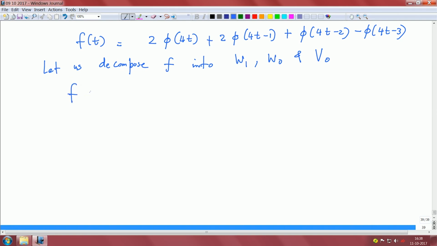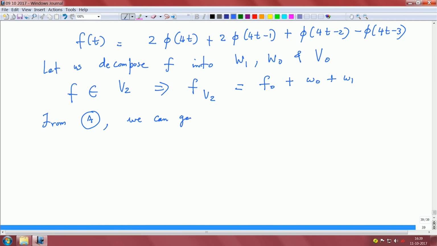So, f belonging to V2 implies f in this space V2 can be written as f0 plus some component W0 and some component W1. Now, from our equations in A, we can generalize it for an arbitrary scale.